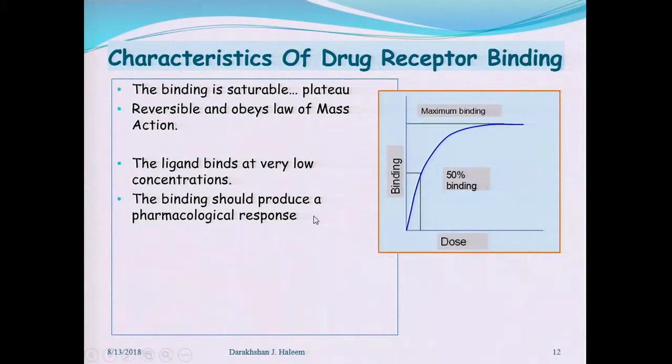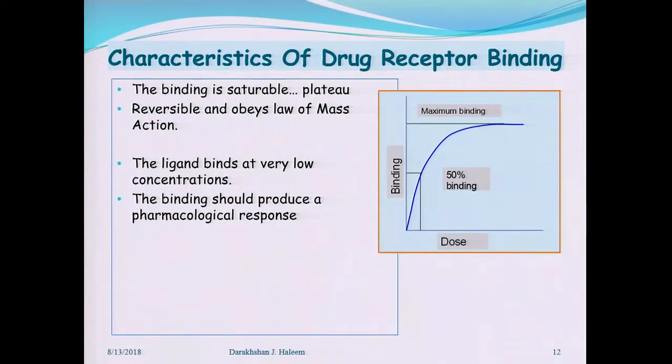You will say that an agonist produces a response, an antagonist will not produce a response. So what will be the pharmacological response here? It means a response which is produced by an agonist should be inhibited by an antagonist.